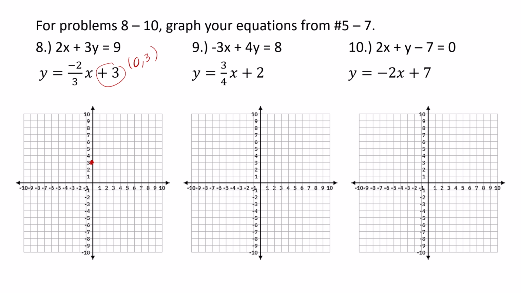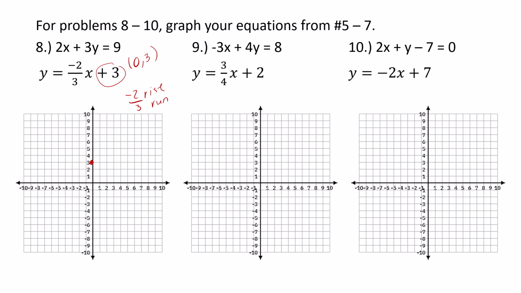Its rise is negative 2, that's my rise over my run, which is 3. So starting at the y-intercept, not at the origin. I've seen that a lot where students count at the origin. Starting at the y-intercept, we're going to go down 2 and right 1, 2, 3, and that should give us our other point.